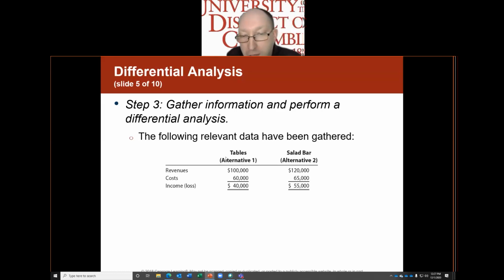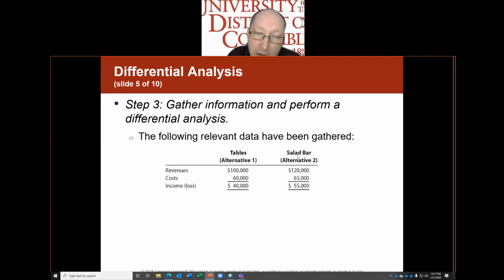Alternative 1 is we keep our existing tables. Those existing tables that I would replace, they currently generate an average revenue of $100,000. They cost me $60,000, giving me an income of $40,000. Remember, revenue minus cost equals income. That's alternative 1.